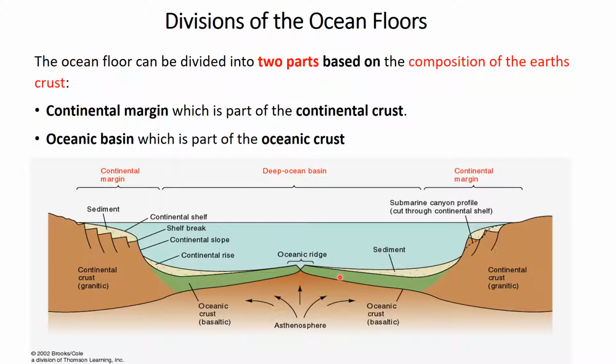Here it is divided into two parts. One is the continental margin, and the other is the oceanic basin. Continental margin is part of the continental crust, and oceanic basin is part of the oceanic crust. If you look at this, we have here the sea level.